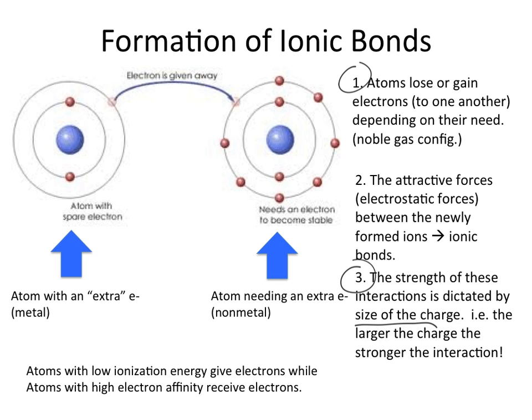Another way to look at this type of bond formation is with respect to ionization energies and electron affinities. Atoms that have low ionization energies, which are typically metals, are going to be those that want to give away electrons. Atoms with high electron affinity are the ones that accept those electrons from those metals.